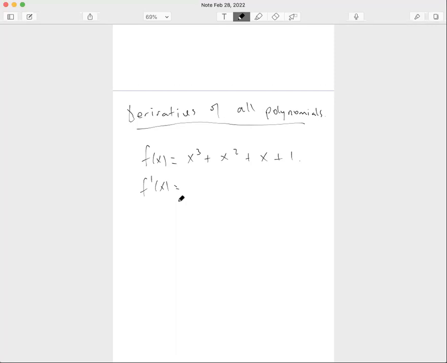And with power functions, we have that nice formula. So I have 3x squared plus 2x plus 1. This last one is just based on what you know about lines, plus 0. So it's just 3x squared plus 2x plus 1.